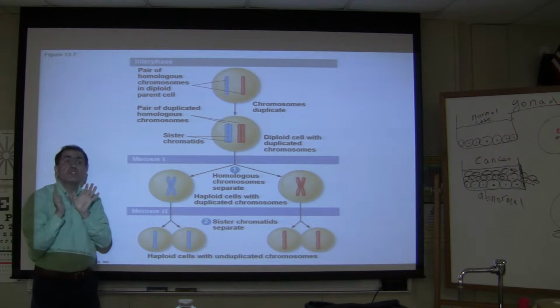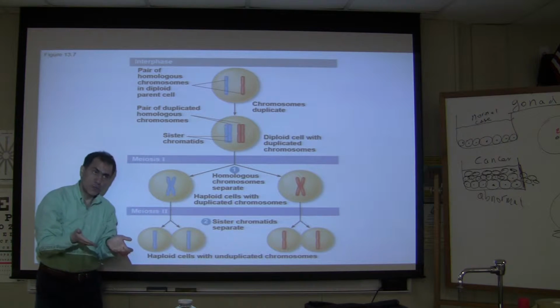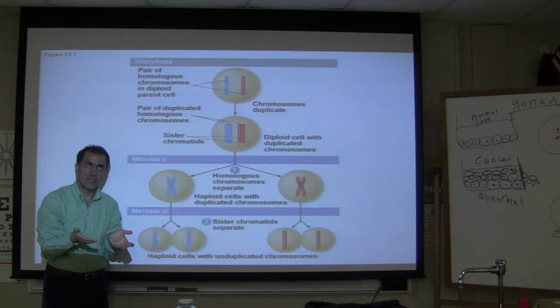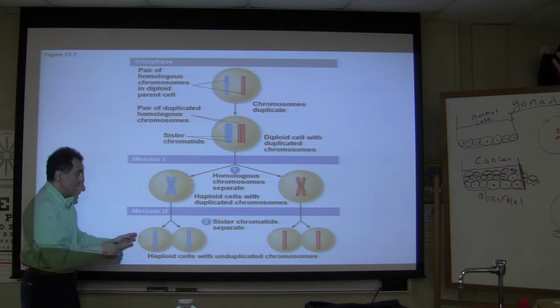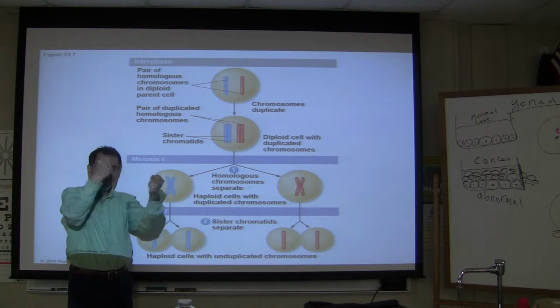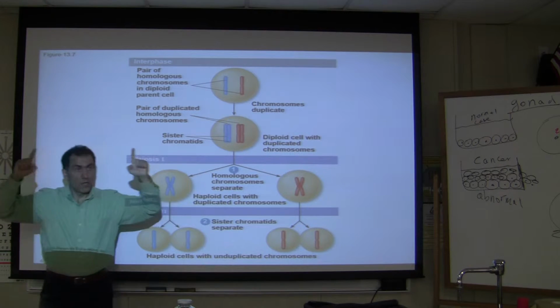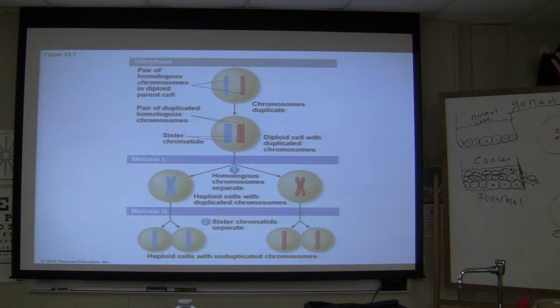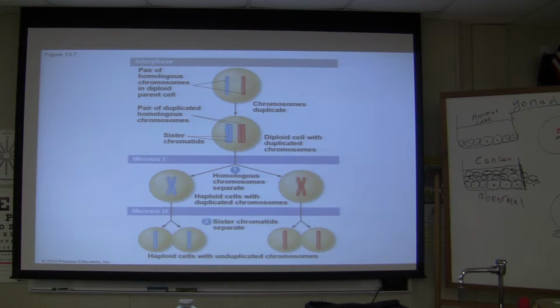And then in meiosis 2, which you will see on Wednesday, the sister chromatids will separate. So, going back, in the cells of the ovary and testes, Reno goes to one cell, that's what happened. Maricela goes to one cell. Am I making some sense, everybody?